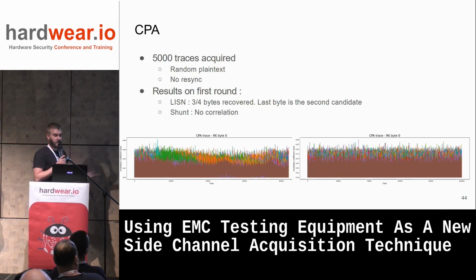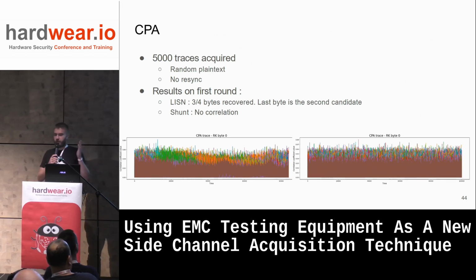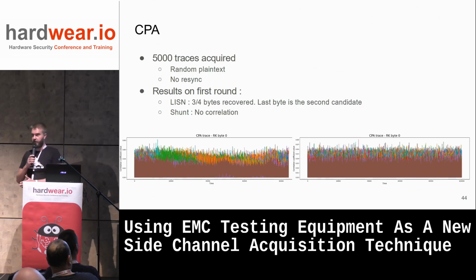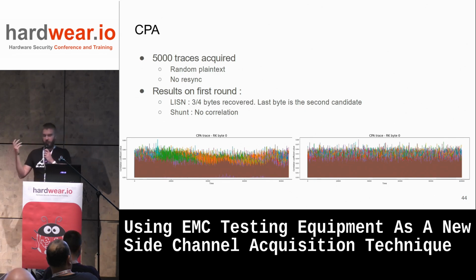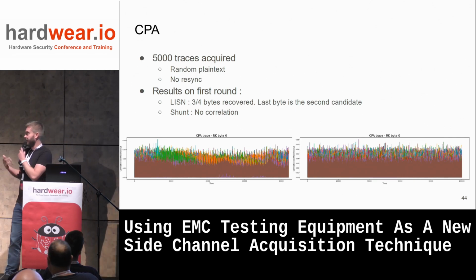Doing a correlation power analysis on the SM4, I took 5,000 traces, both with the LISN and with the shunt resistor. Those traces were fed into the script that we will present tomorrow to find out if we can recover the key using this power analysis.